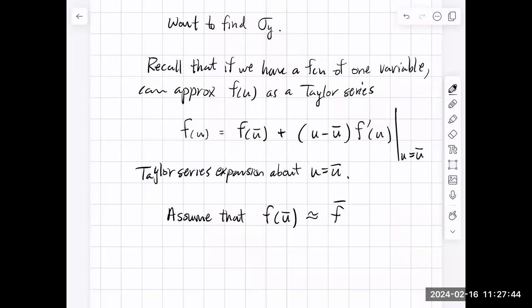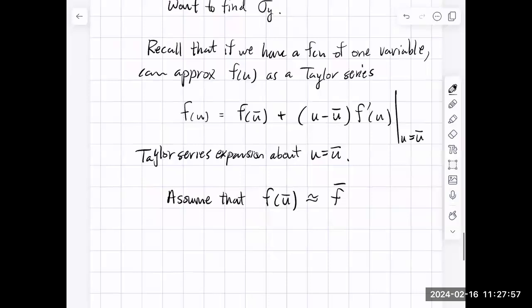They're going to be exactly the same if this is a linear function, but they may not be exactly the same if they're nonlinear, but we're going to assume that they're going to be close to one another. Okay, so if we do that, then we would say F is equal to F bar plus U minus U bar times the derivative of F evaluated at U bar.